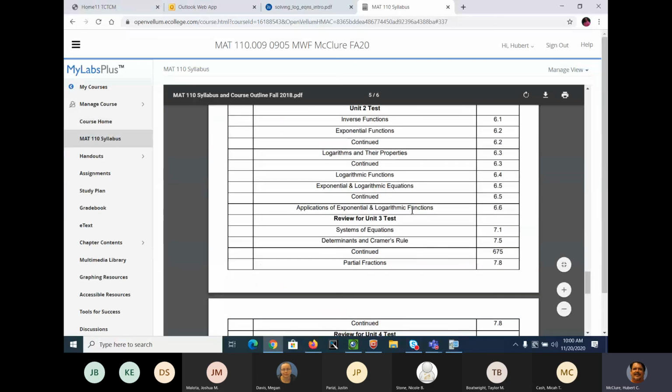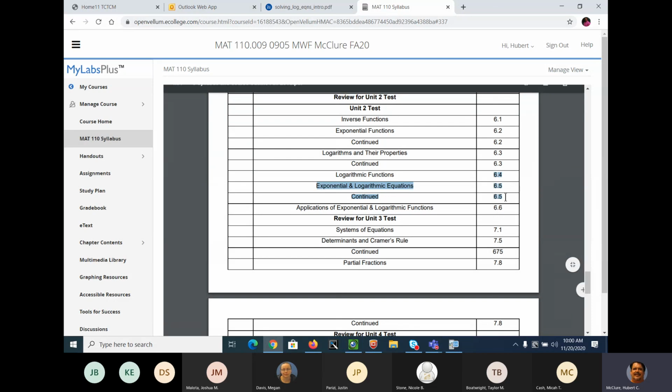So we'll probably look at a couple of those Monday, but I wouldn't worry about doing the homework for 6.6. I would worry about these two sections right here, 6.4 and 6.5. That's where 80% of your test is going to come from. Any questions?